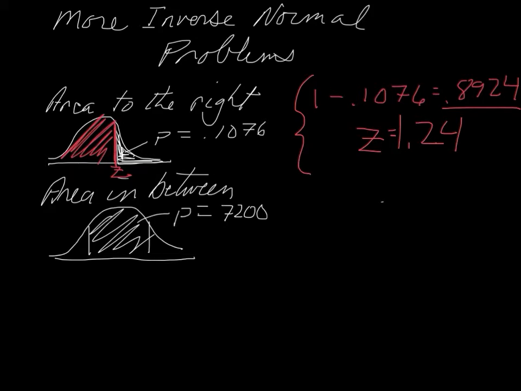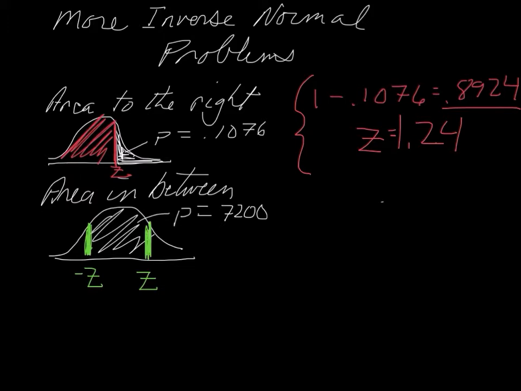Now in area in between, a different thing is happening. We are going to focus on trying to find two z values, but it turns out one of them is z and the other is negative z. In other words, they're opposites of each other.